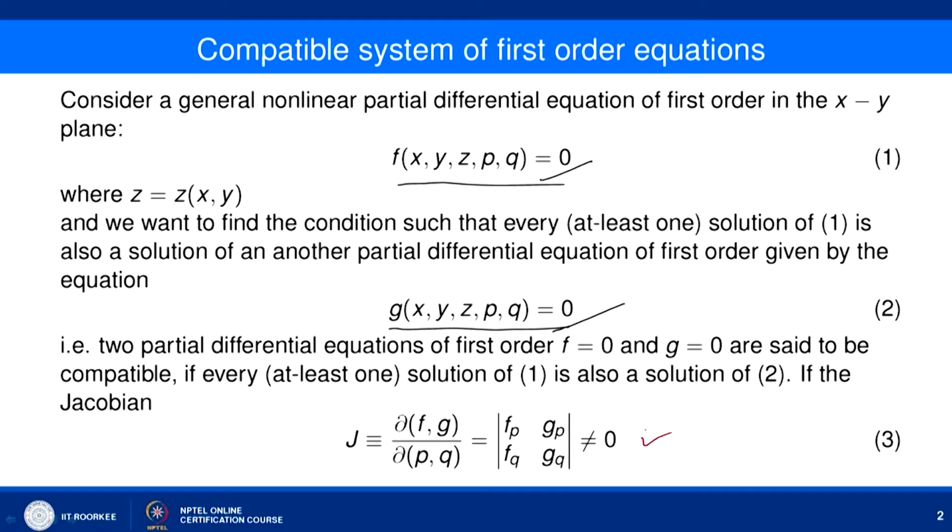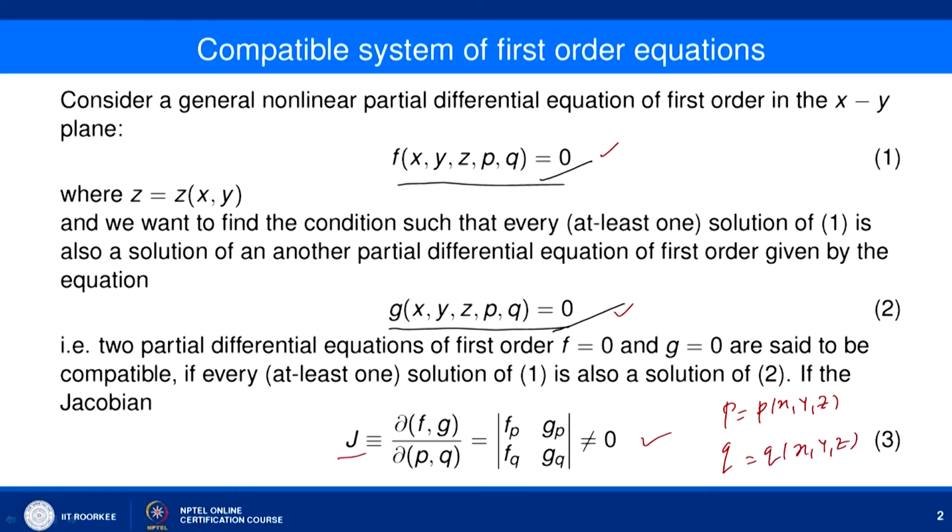This condition enables us to solve equations 1 and 2 for p and q in terms of x, y and z. Similarly we can write q as a function of x, y and z.